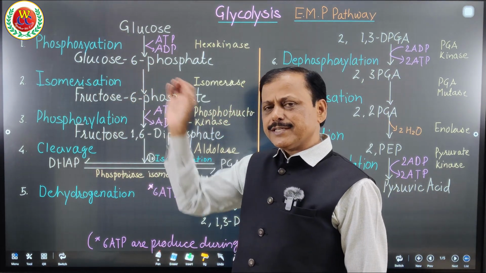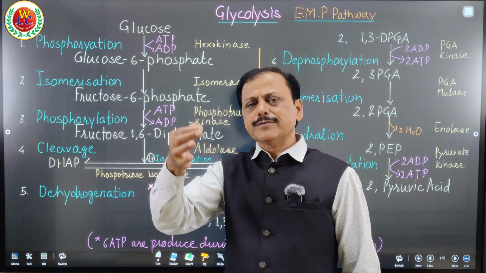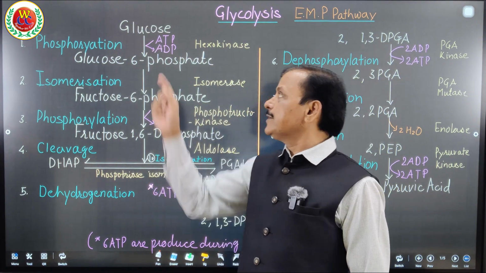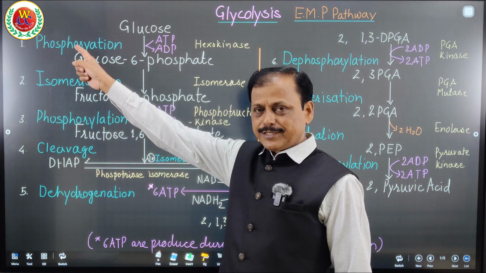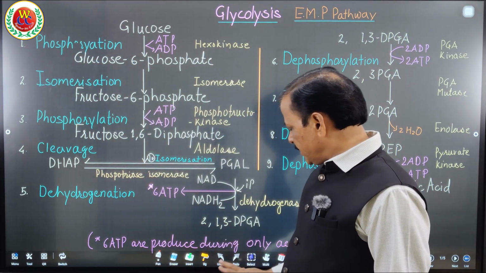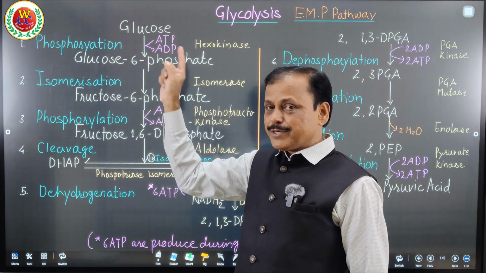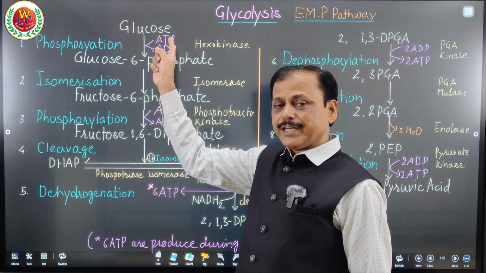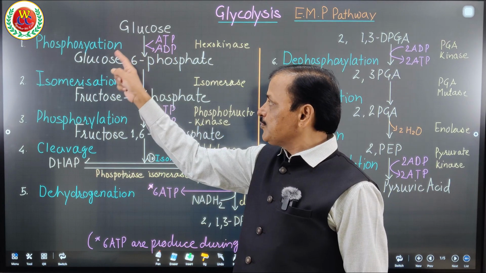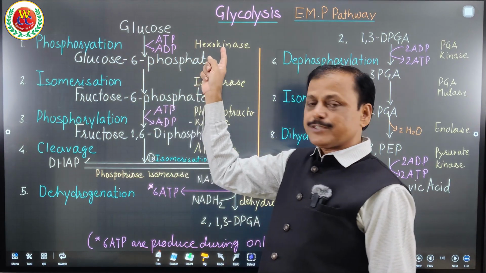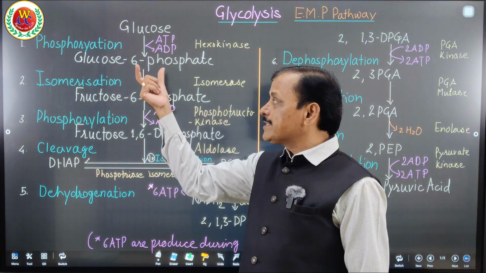Now how to explain? Whatever we are saying, we just have to construct the sentence. Glucose undergoes phosphorylation to produce glucose 6-phosphate. How does it undergo phosphorylation? Glucose combines with ATP to form glucose 6-phosphate in the presence of the enzyme hexokinase. How is this step written?